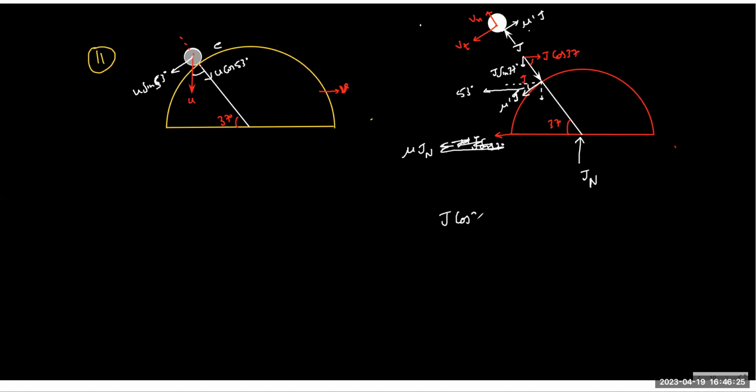J cos 37 minus mu dash J cos 53. These are the two horizontal components, right? Equals to M. So far so good.